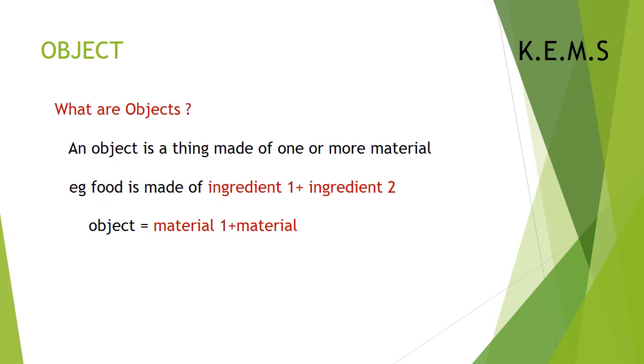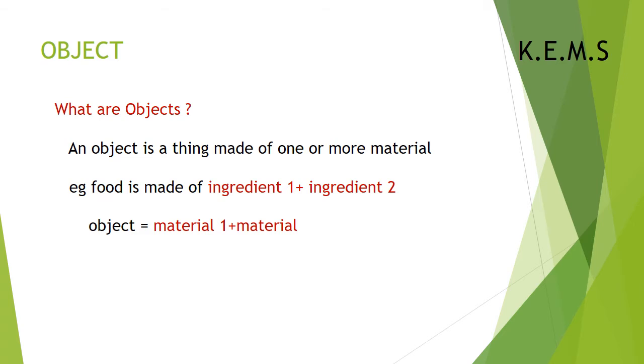Food is made out of a large number of ingredients, ingredient 1, ingredient 2. Suppose we take a particular kind of food, then that is made out of 2 different kinds of ingredients.